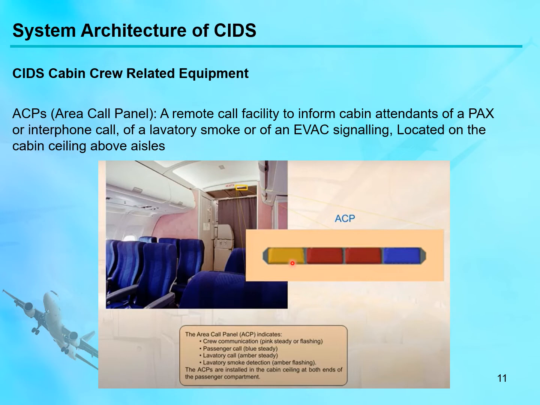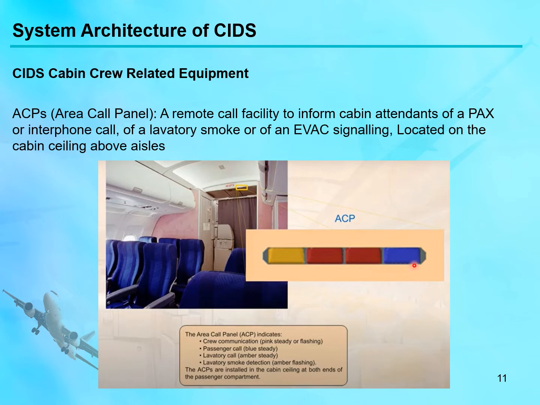So this area call panel is located at the cabin ceiling above the aisles here. Okay, maybe one at the forward aisles and one at the aft, the behind. Okay, and it has some indicator lights there. So the indicator lights there are not for decoration. Like for example, if the pink is steady or flashing, it is actually the crew communication.